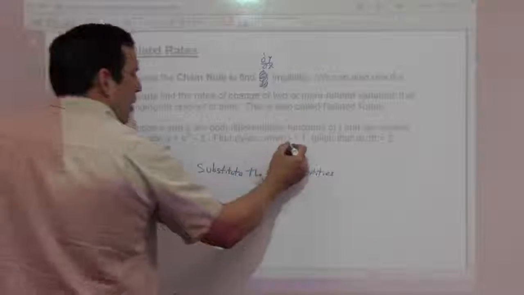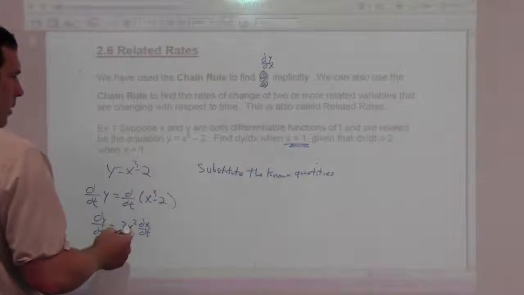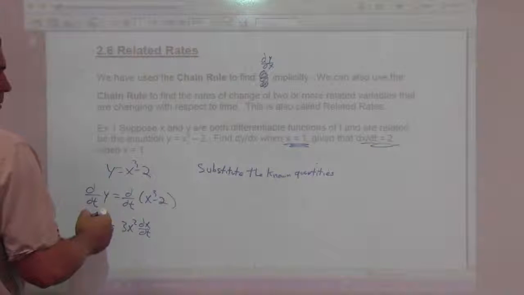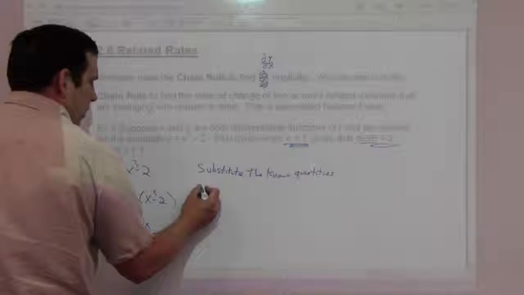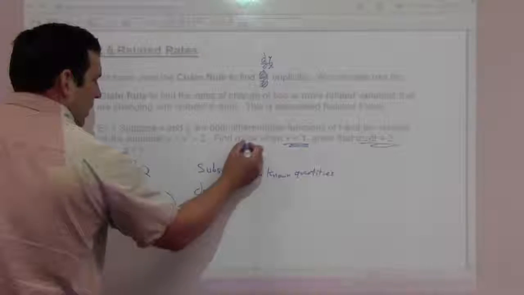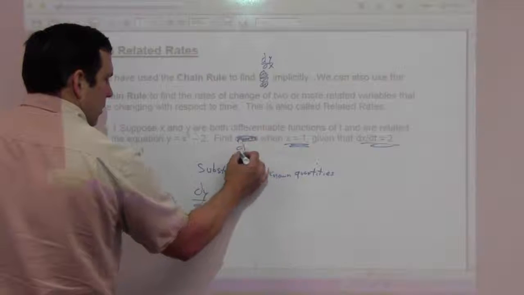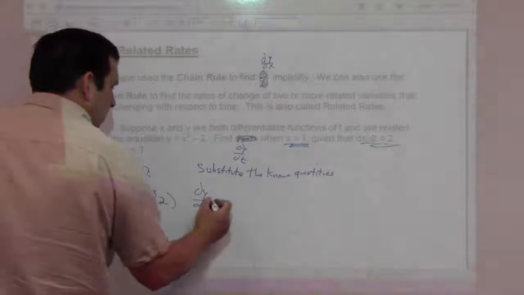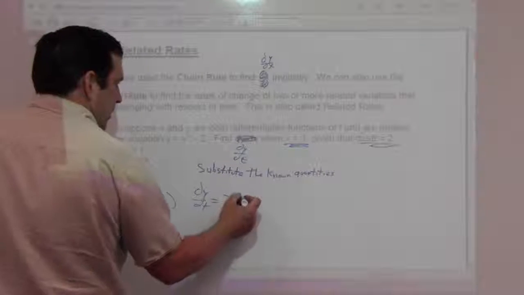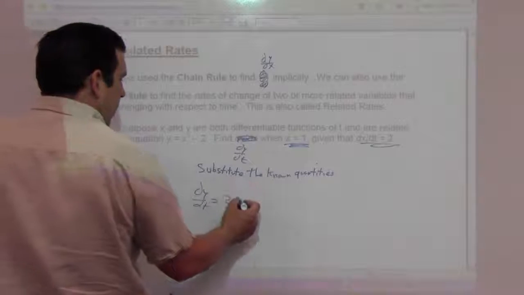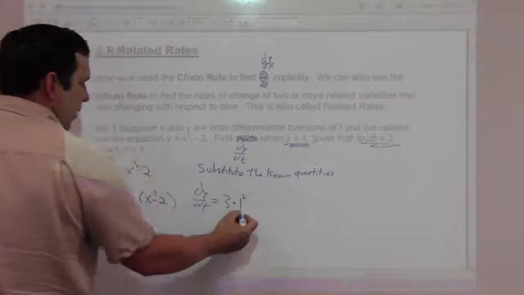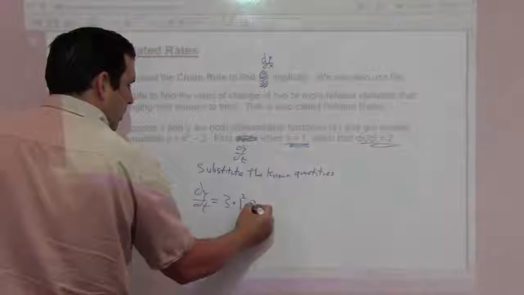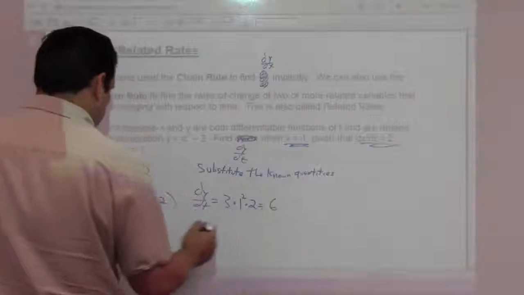We know x is 1, dx/dt is 2, so our dy/dt is going to be 3 times our x is 1, so 1 squared, times our dx/dt is 2, that's going to be 6.